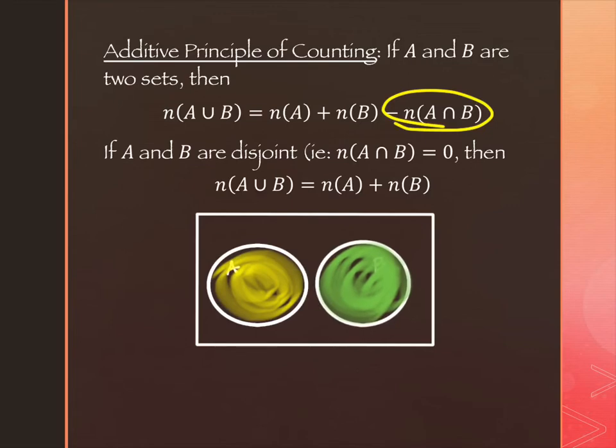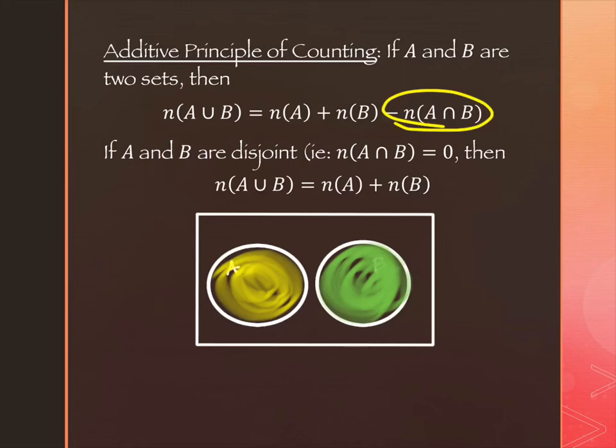If the two circles didn't overlap, I would simply count the stuff in the yellow and the stuff in the green, and there'd be nothing to subtract because nothing got counted twice. Does that make sense? That's the difference in these two formulas. In the first one, they overlap, so we have to subtract the double counting. In the second one, they don't overlap, so there's no double counting to subtract off. We just add them together and we're done.